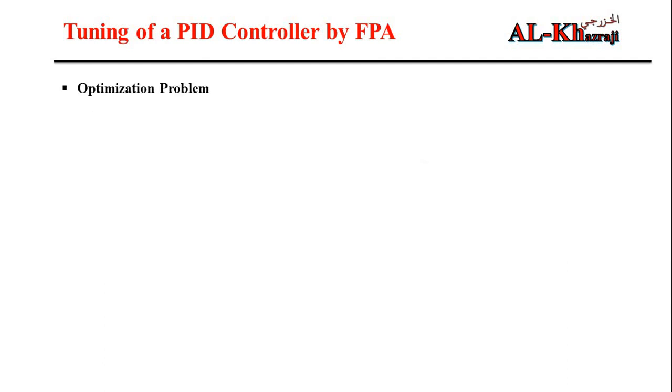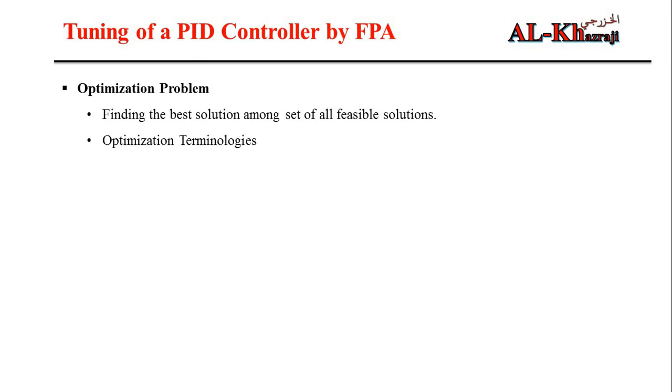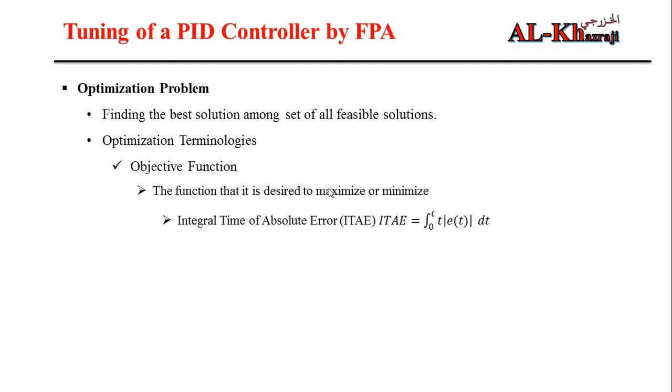Now, just a quick refresher also about the optimization problem. An optimization problem is to find the best solution among all feasible solutions. Some terminology we need to understand: what is the objective function? In our problem, we need to minimize the error, so we will use this index, which is the integral time of absolute error. So this is our index.